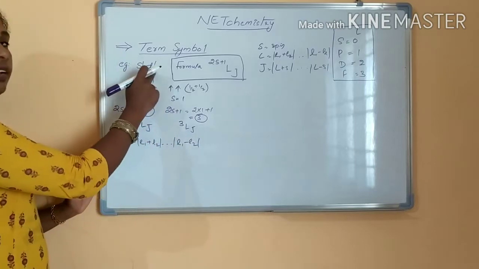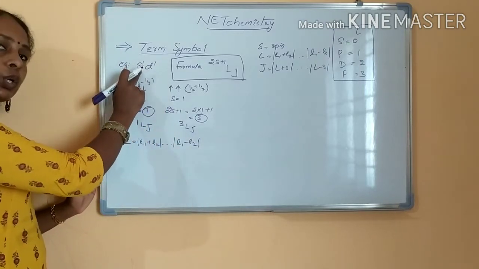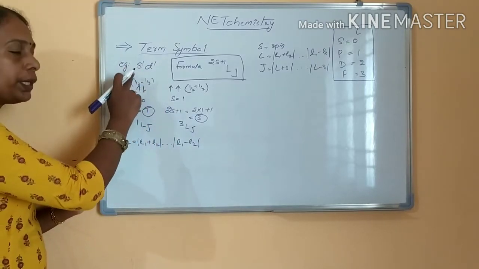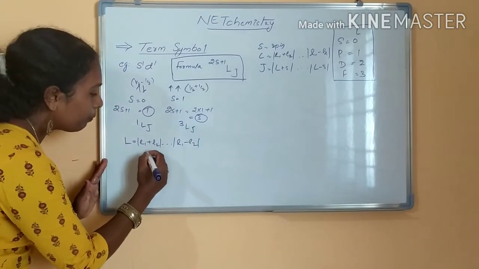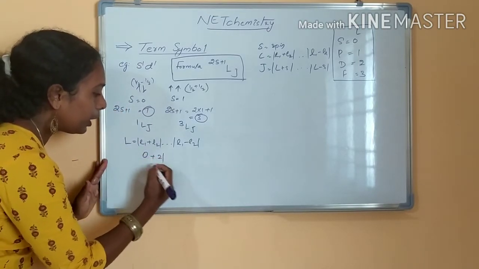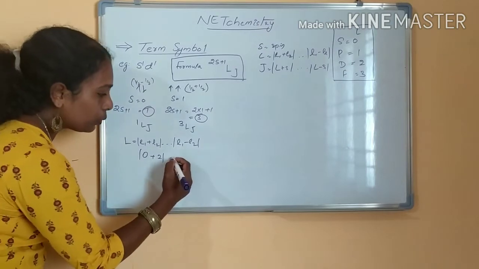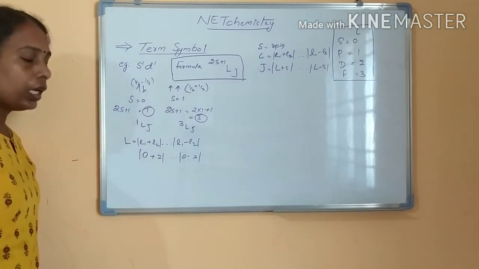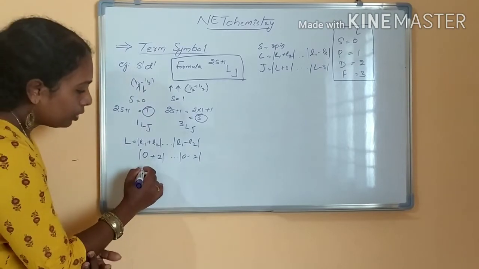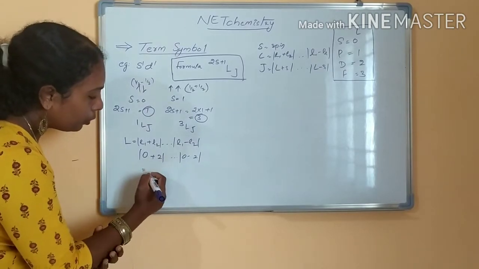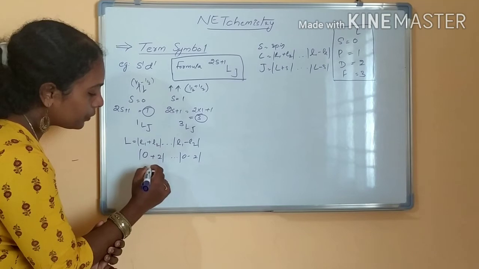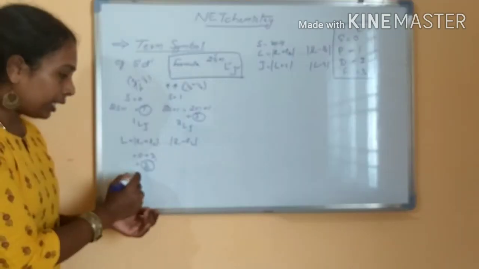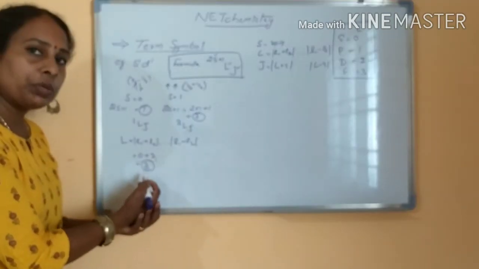Here, what are the L values we have? For the S electron, the S orbital, L will be 0, and for D it will be 2. So 0 plus 2 to 0 minus 2. Correct? Yes. 0 plus 2 you get 2.